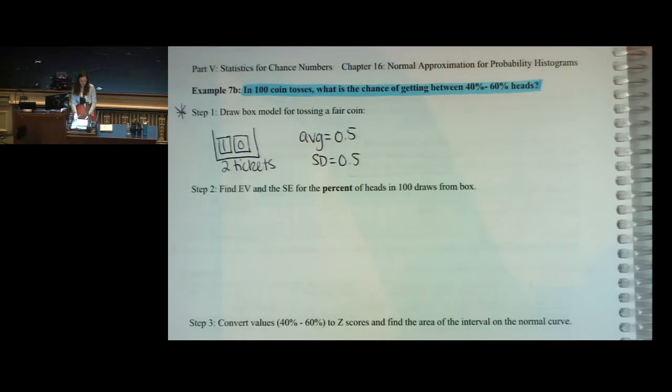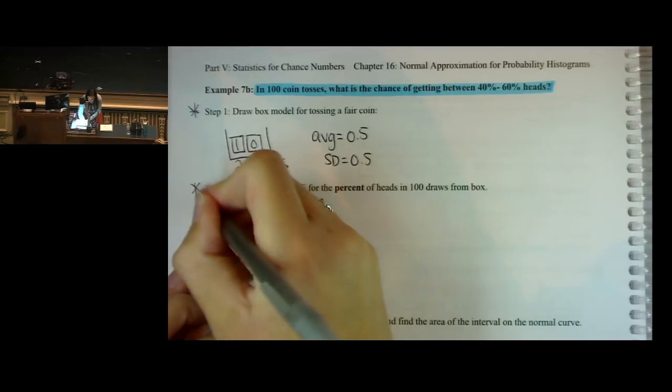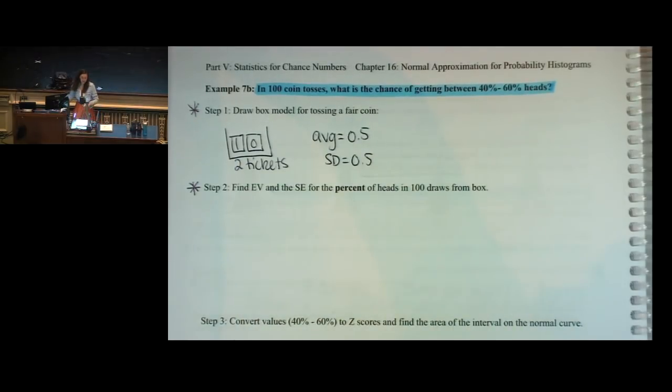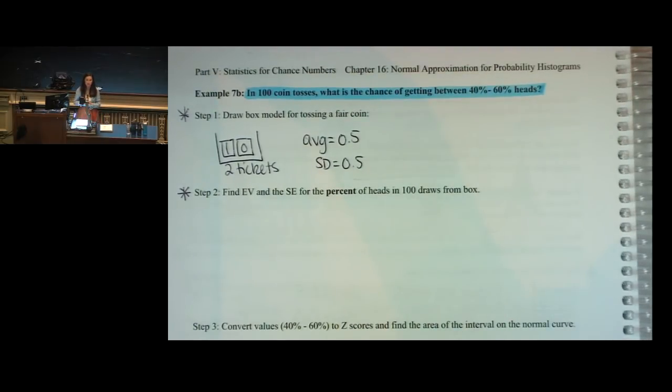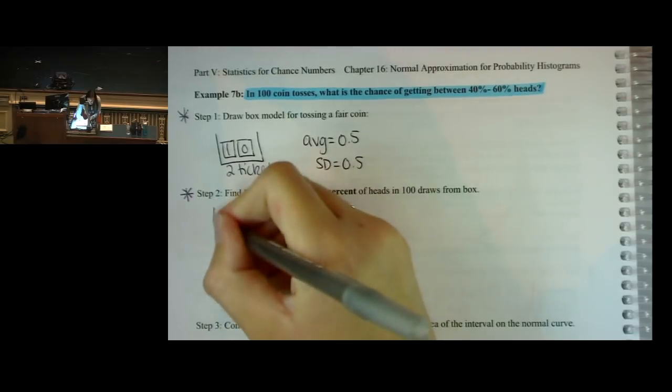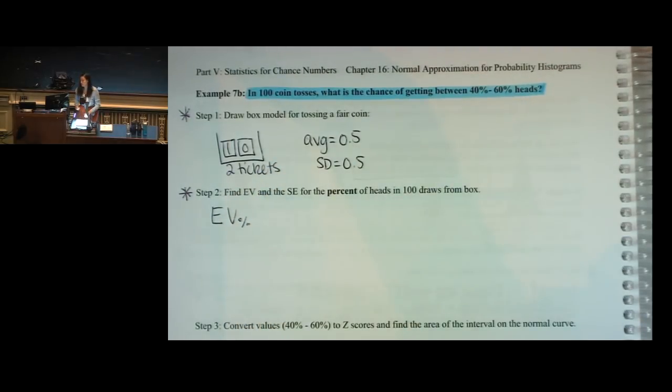Draw your box for a single draw, and then step 2, it says to find the expected value and standard error for the percent. Because I know I'm dealing with percents since I see the percent signs. And I'm going to use these to help me convert 40 and 60 into z-scores.